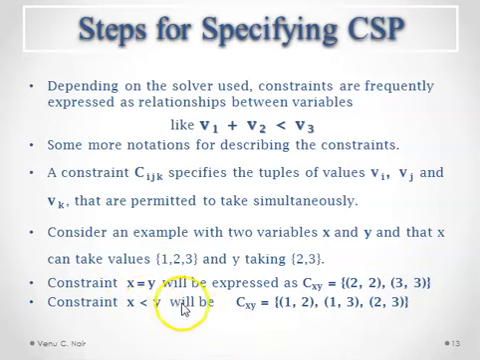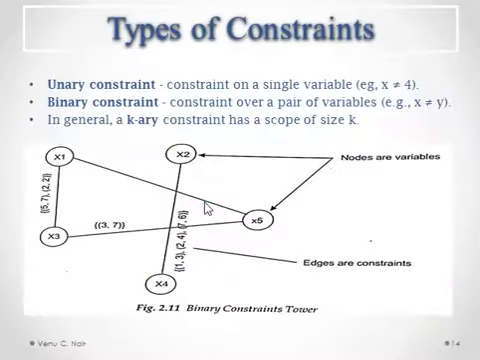Likewise, we can have multiple constraints working at the same time, and while imposing these constraints we will have different combinations of C of x, y if we are taking two variables into account. Now, based on the number of variables being considered, we can have different types of constraints.